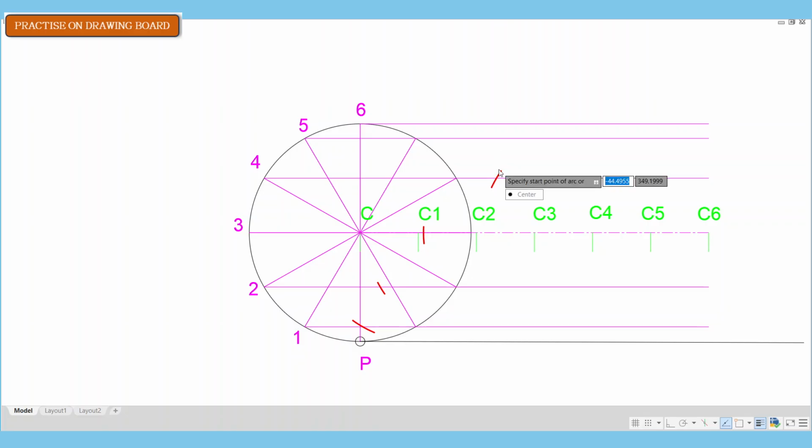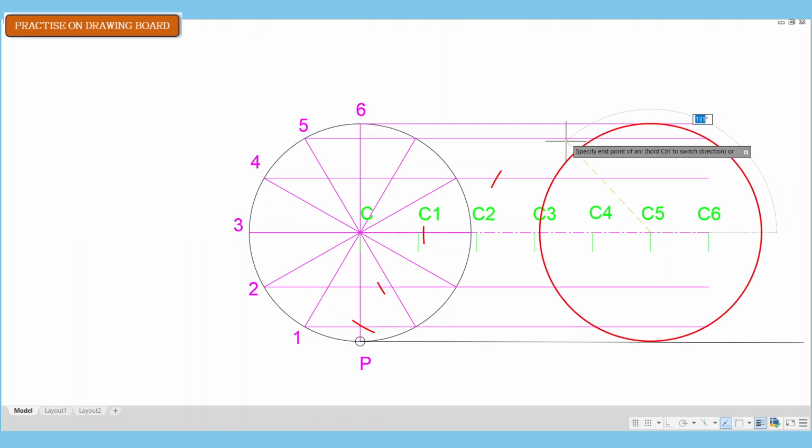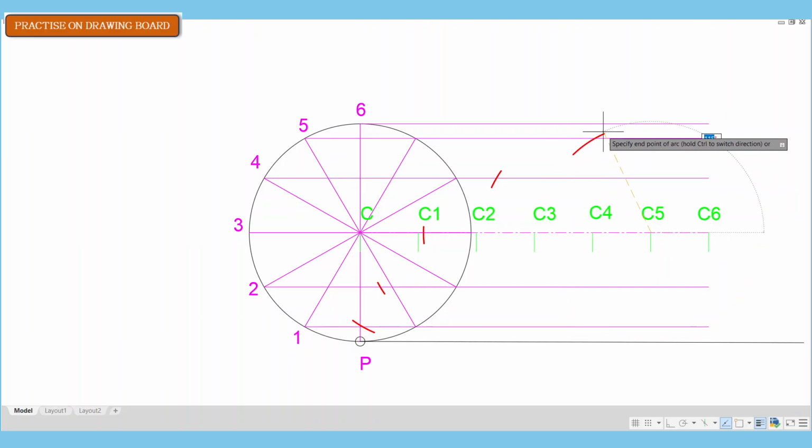And then we move to center 5. Radius of 25. We look for the fifth horizontal line. Now we move to center 6.